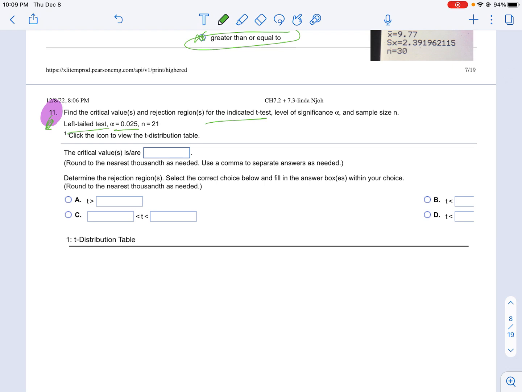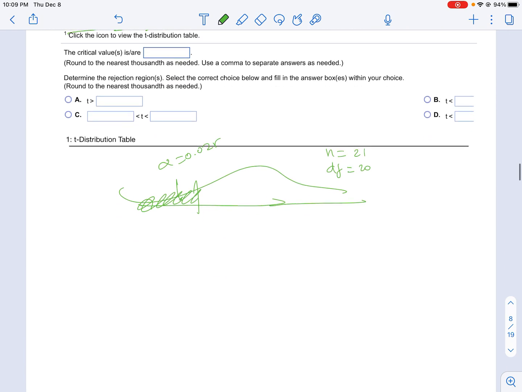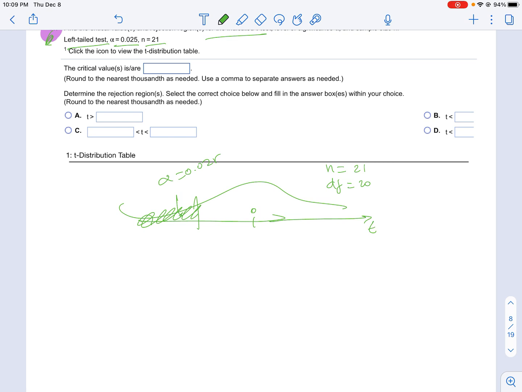It says left tail test alpha and it's a T. So like so, left tail alpha is 0.025 and n is 21, so degree of freedom is 20. So if it's a t, you want the critical t, you do inverse t, 0.025, comma 20, your degree of freedom.